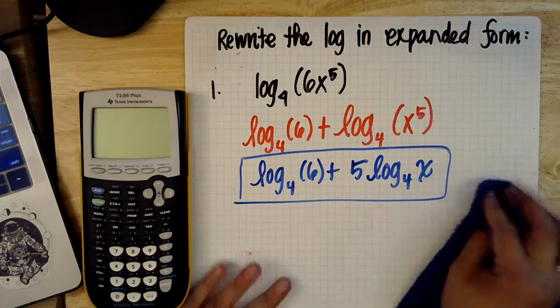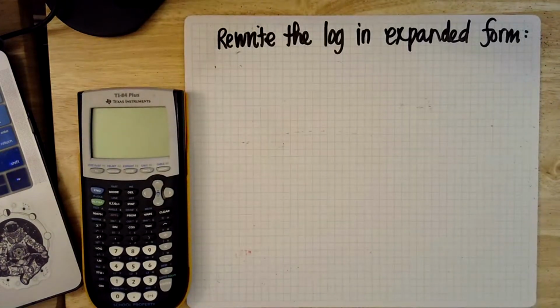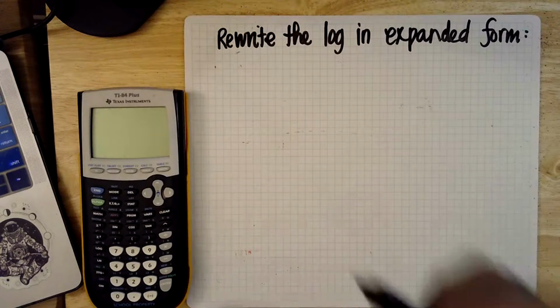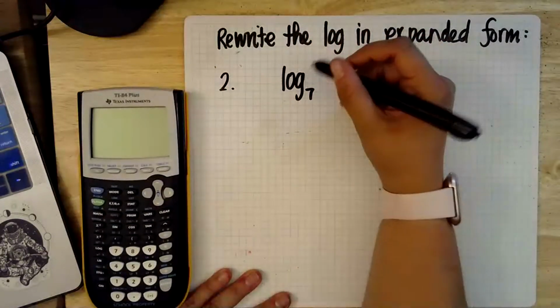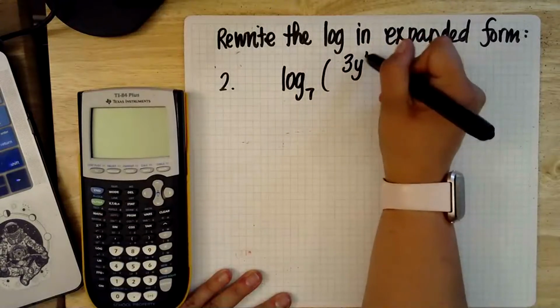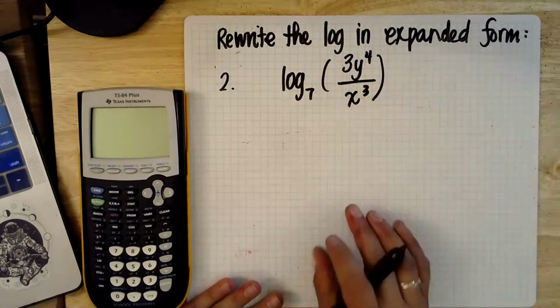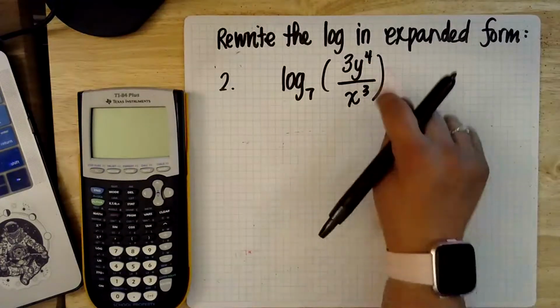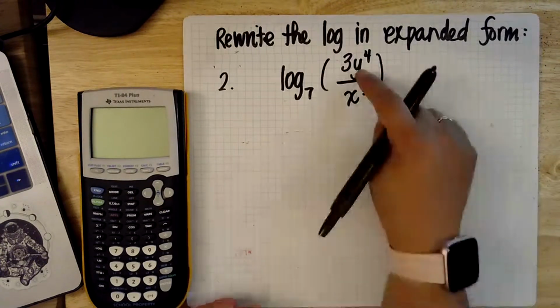Okay, one more. Let's do another one. Let's do log 7 of 3y to the 4th over x cubed. Okay, so I noticed that there's a higher power on both of them, but there's a product here.